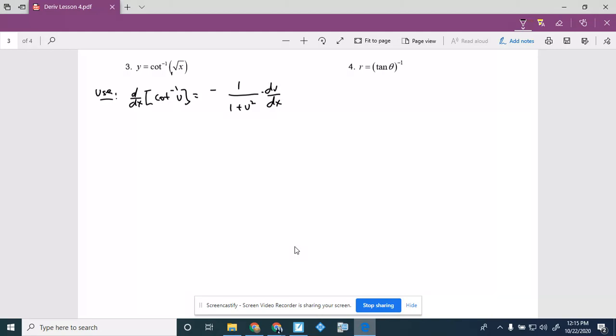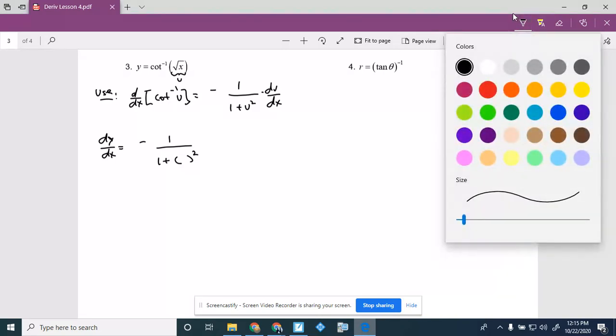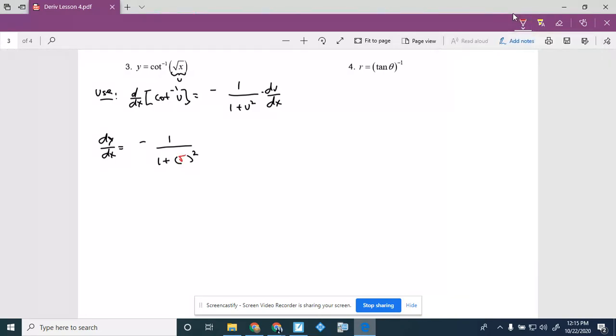So this here is my u, right? So you're like, all right, dy dx, now I'm going to do it. dy dx is negative 1 over 1 plus u squared, or stuff squared, but what is u? u is radical x, so radical x squared, and then times the derivative of u, times the derivative of stuff.